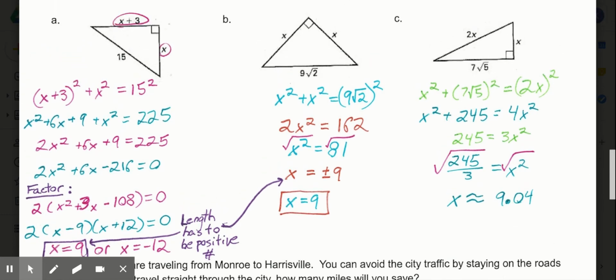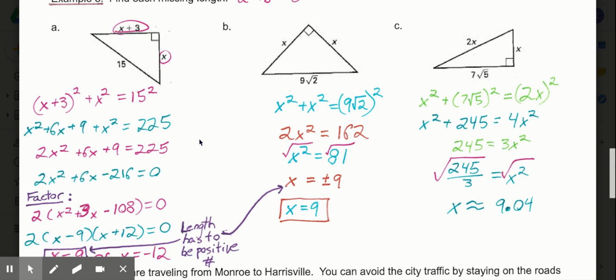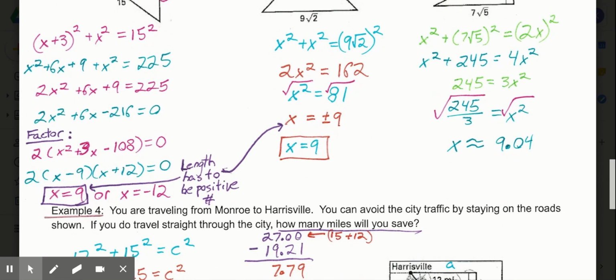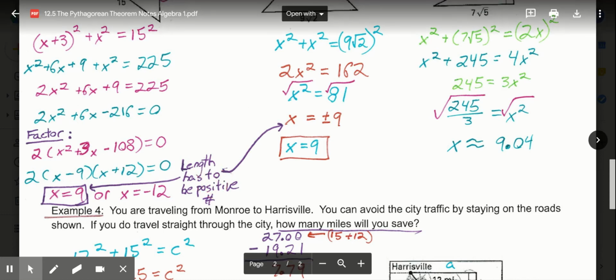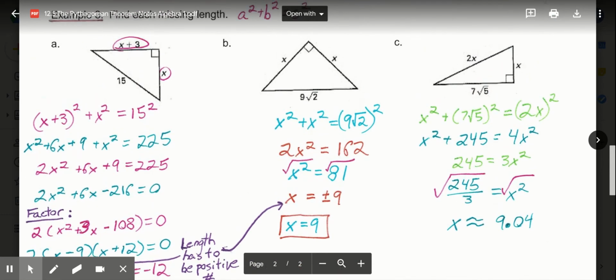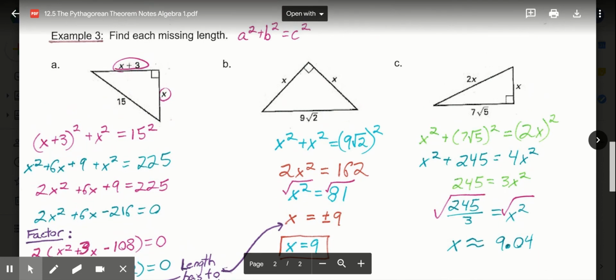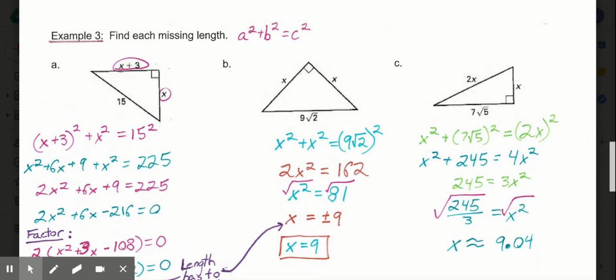Now, because they're asking about a length in a triangle, we know length has to be positive. We could not have a side of a negative number, so our only answer to part A would be x equals 9. In B, our two legs are both x. Hypotenuse is 9 square root of 2.